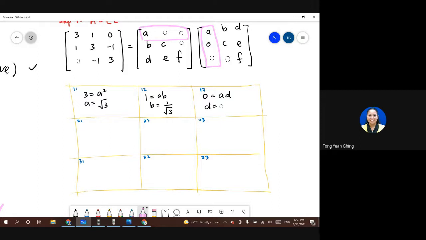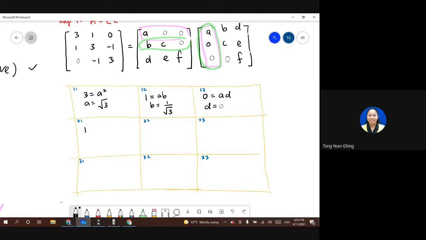This one, second row, first column. That means second row, first column. Second row, let's change to another color. Second row, first column.